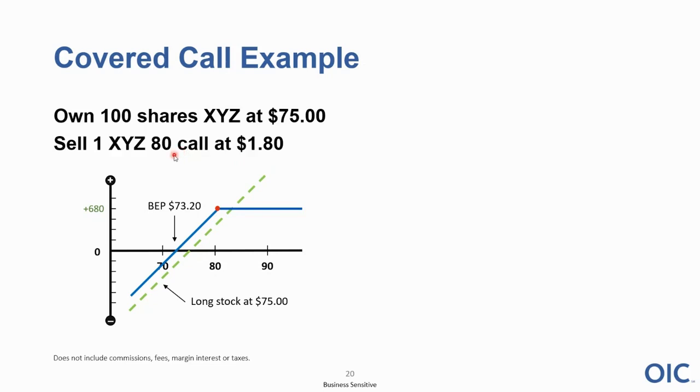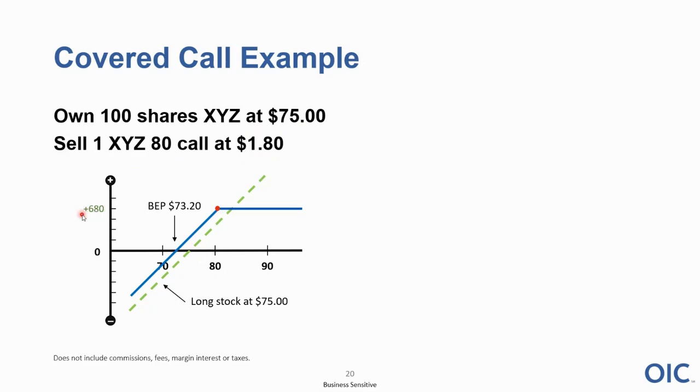If stock increases in value, our option is going to increase in value as well. By selling this call, we are obligated to sell stock at $80. So anywhere from $75, where stock currently is, to $80, we're going to profit dollar for dollar simply by owning those shares. Stock goes to 80, we own stock from 75, so we made $5 on that stock. In addition, we also made that $1.80 when we sold that option.